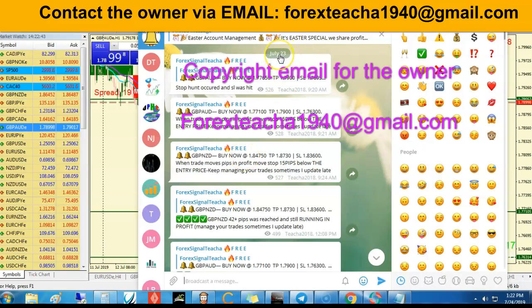You can see the date here on 23 and today is 24. The key thing to forex trading is patience. If you don't have the patience, you'd rather find someone to manage your account, which is why I also give forex account management. So this trade was called here, this was a buy trade. I said buy at 84.75.